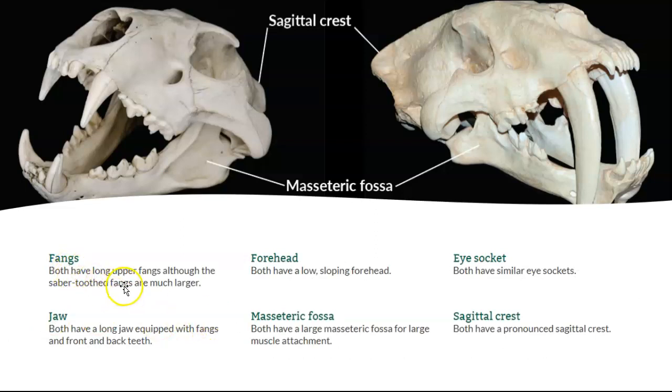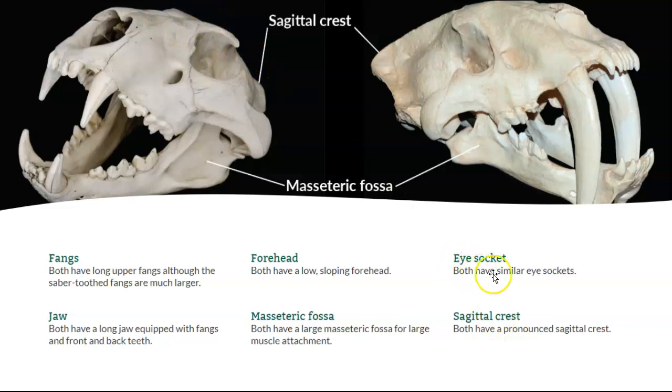Both these skulls have long upper fangs, although, as we pointed out, that saber-toothed cat has much larger and longer ones. Their forehead. They both have a low, sloping forehead. So here's the forehead. Here's the forehead. You can see the similarities.